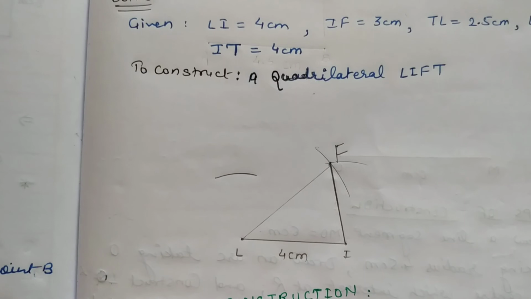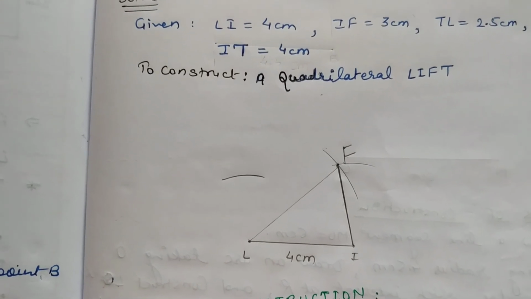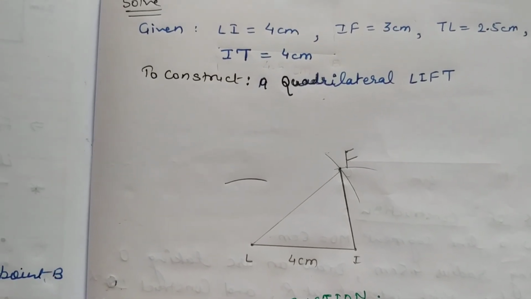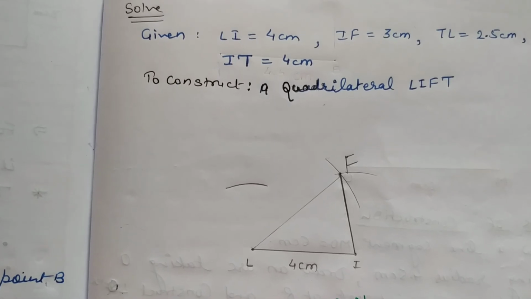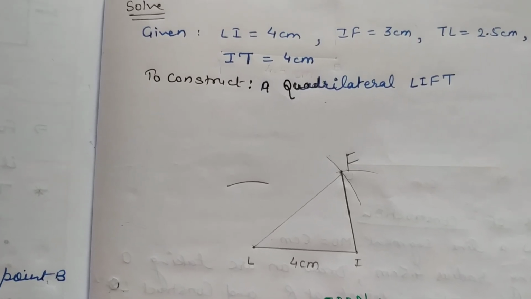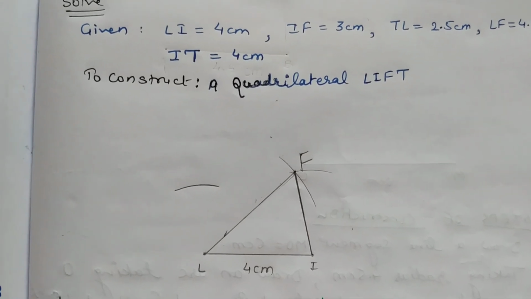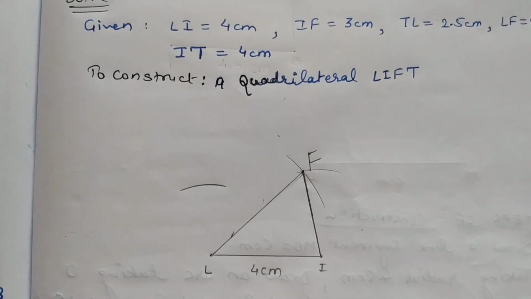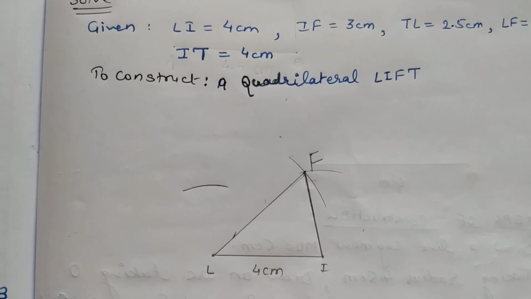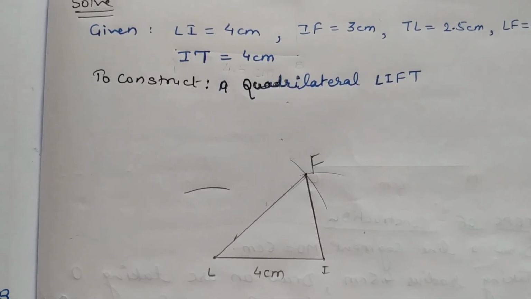Here I draw an arc of radius 2.5 cm taking L as center. Now we are going to draw an arc of radius 4 cm taking I as center.